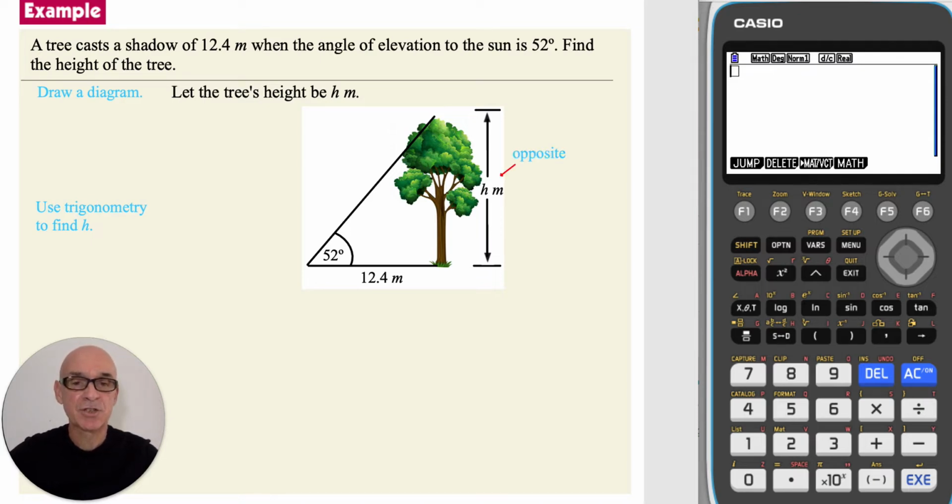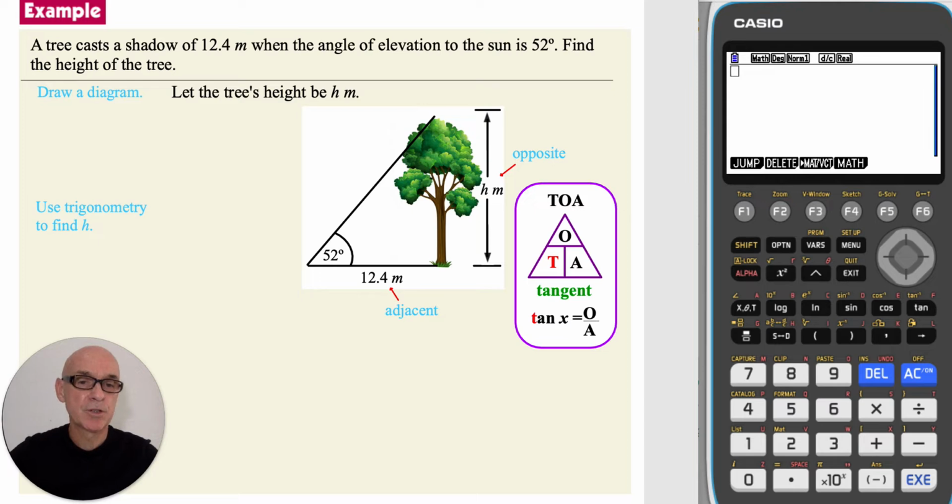Identifying h as the side opposite the 52-degree angle, and the shadow, 12.4 meters, as the side adjacent to the 52-degree angle. Referring to the trigonometry triangles, tan is equal to opposite over adjacent. Writing tan 52 is equal to h over 12.4.